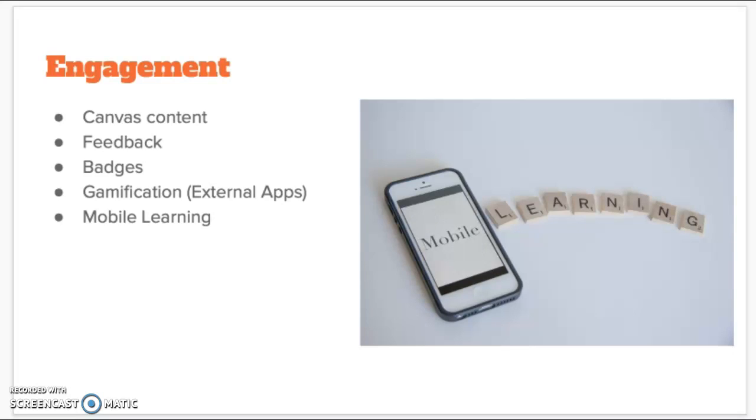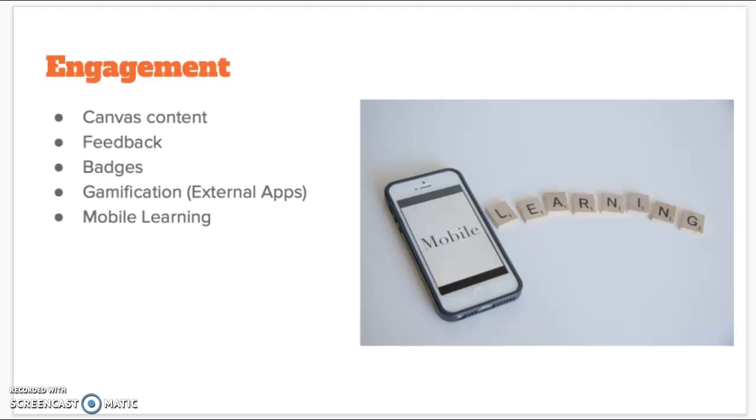Mobile learning I felt was important for engagement. You're able to pull Canvas up on your phone through a different app, set up notifications to kind of remind you of things that are due. You're not stuck to your chair and your computer at one spot. You can pull it up on your phone.